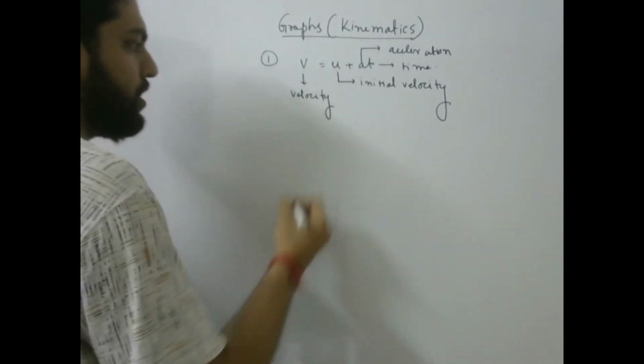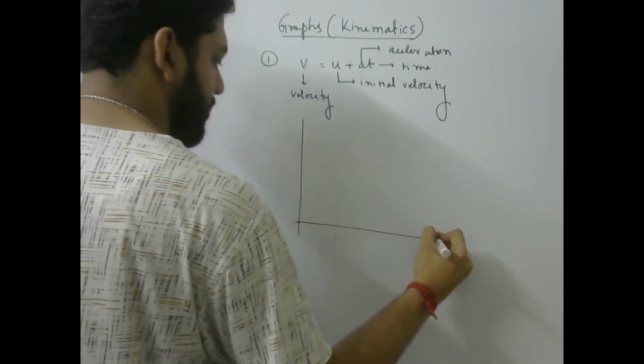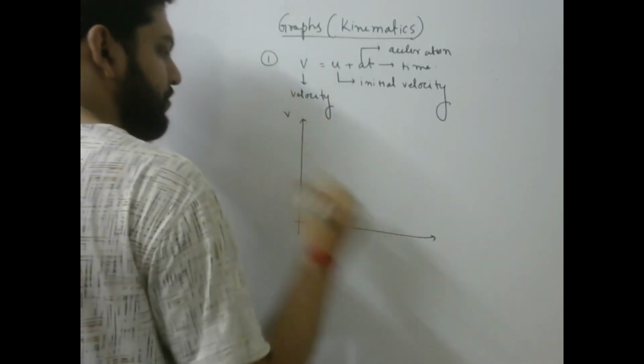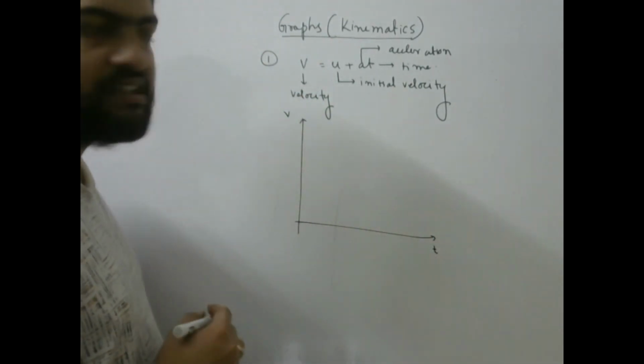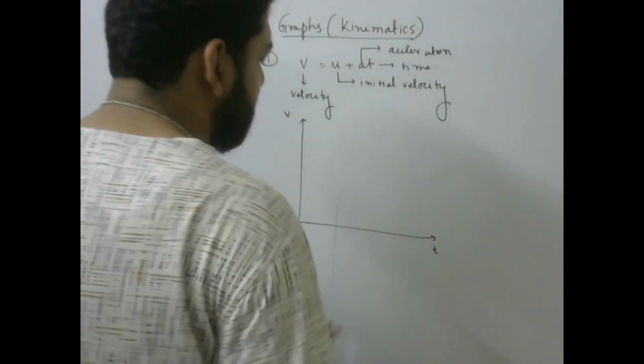We are going to plot the graph for v versus t, the velocity versus time graph.